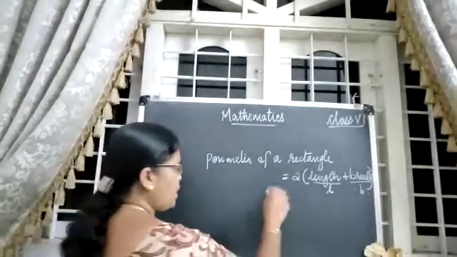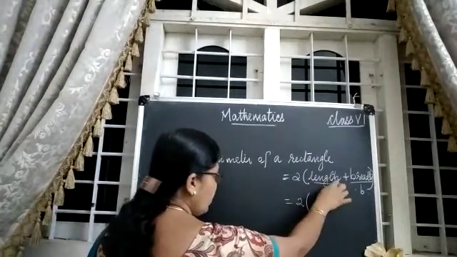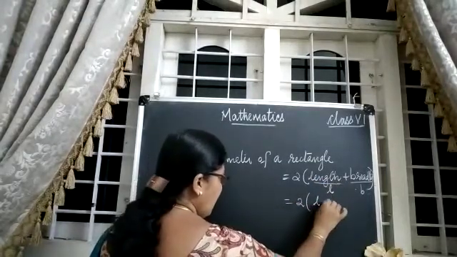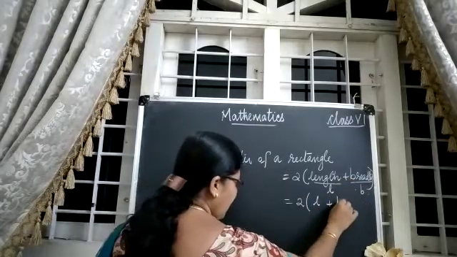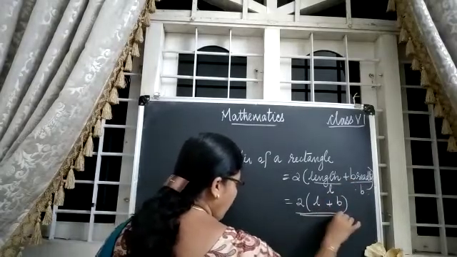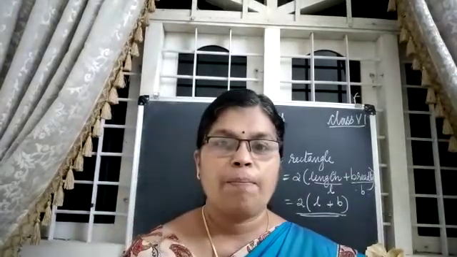The perimeter of rectangle is equal to 2 into L plus B.